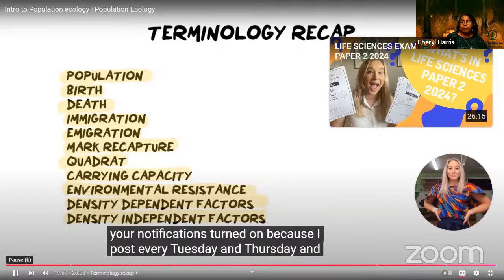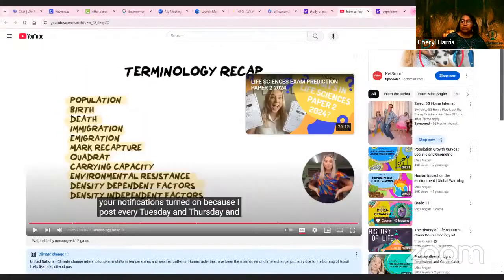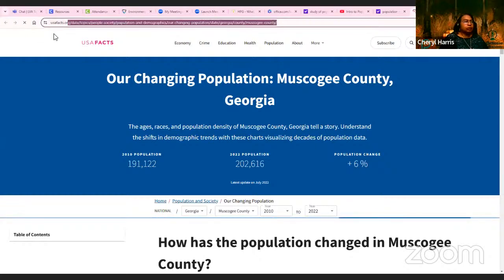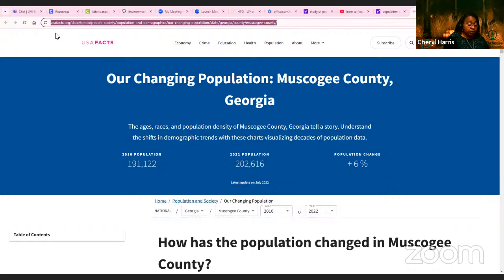All righty. So hopefully you took good notes on that. All right. I'm going to send you a link, and I want you to come local. So your assignment is going to be to study the population of Muskogee County.